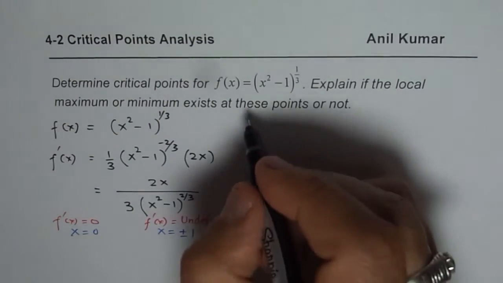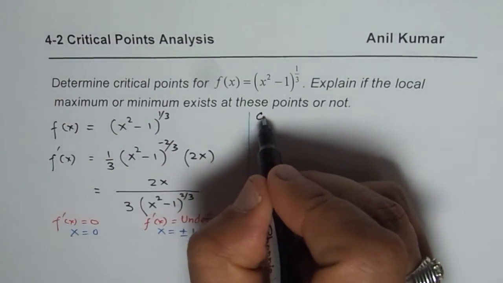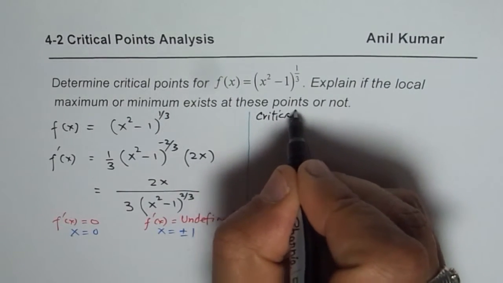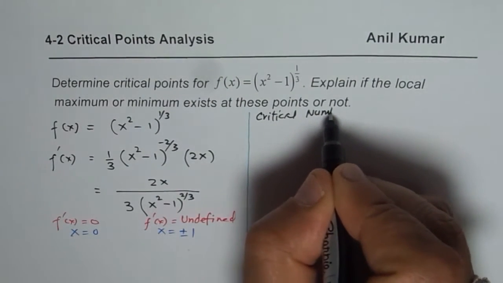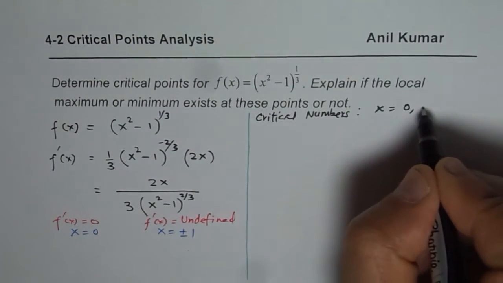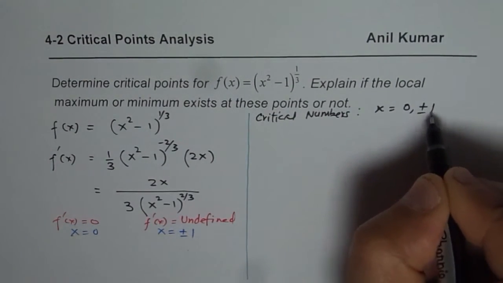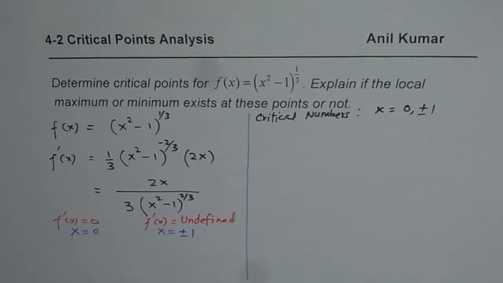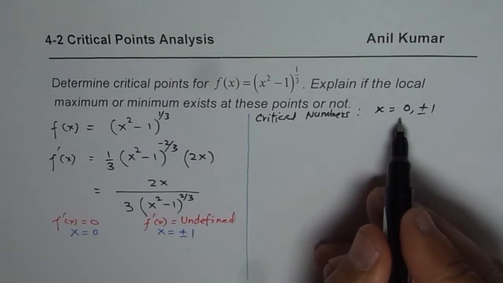So we can write the critical numbers are at x equals 0, plus and minus 1. So there are three critical numbers. We can find the value of the function at these critical numbers.